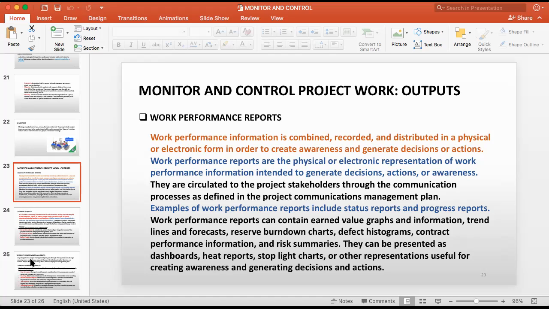That also depends on your industry. Sometimes in the construction industry, you get all these graphs in the work performance report, which can be a progress report or status report. Sometimes you may be producing it monthly, or quarterly.